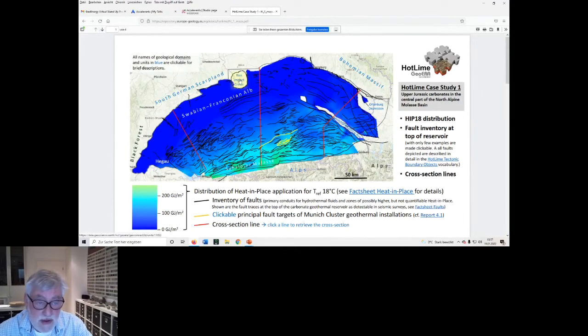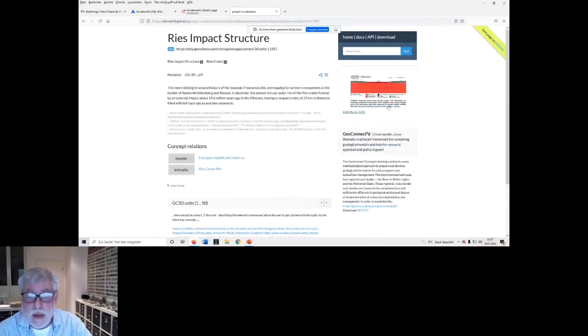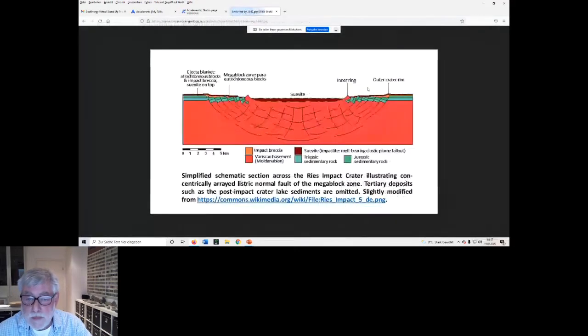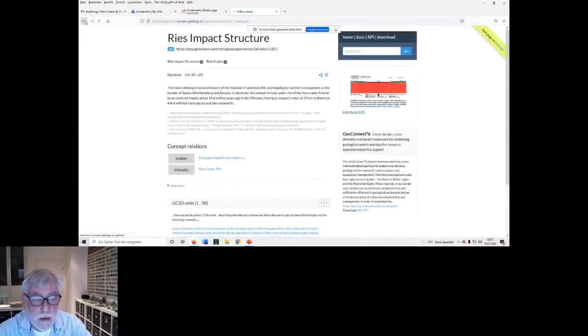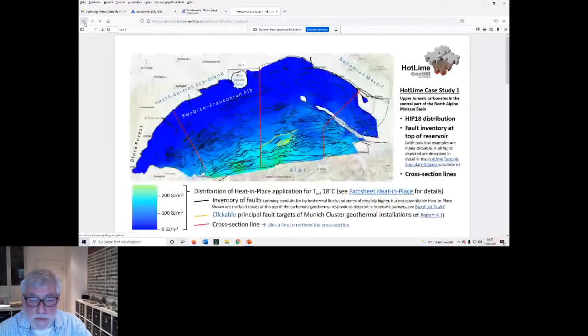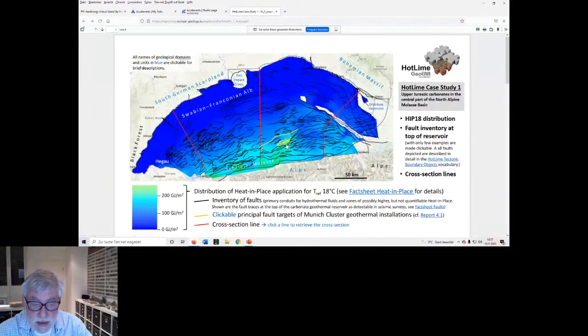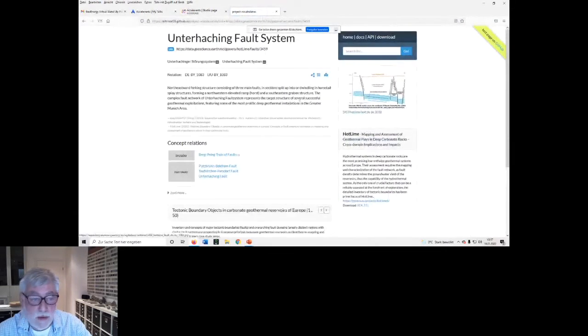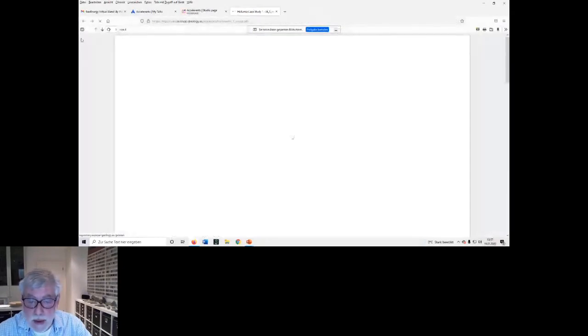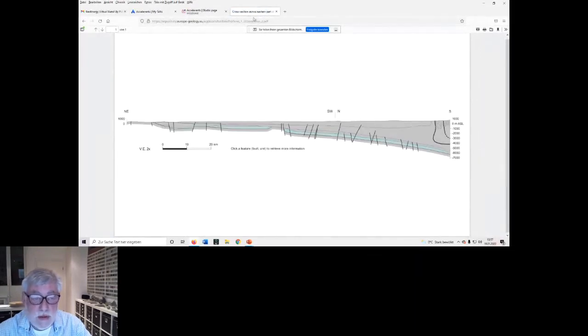For example, why there is a hole in there, you get to the vocabulary. It says, okay, that's an impact crater where the reservoir rock is missing. And for example, this is these highlighted faults. You can click on it. You also get information on the faults. Some of them are illustrated. If you click on the cross section, you get a cross section where, again, I try to enlarge it.